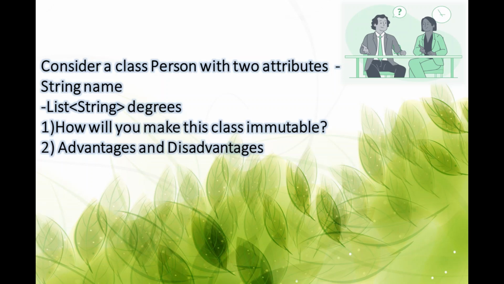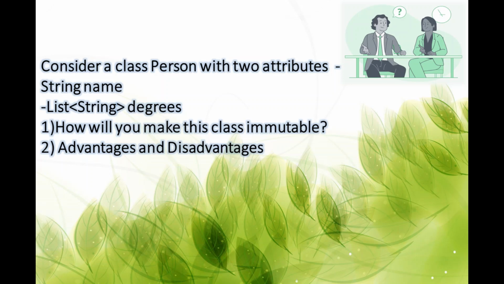Okay. So you have a Person class with name and a list of string degrees, right? Yeah. So first of all, an immutable class has to be a final class. I will declare that class as final, and the data members, name and list of degrees, will also be private and final, so that their values cannot be changed. And for getters and setters, I will not provide the setter methods.